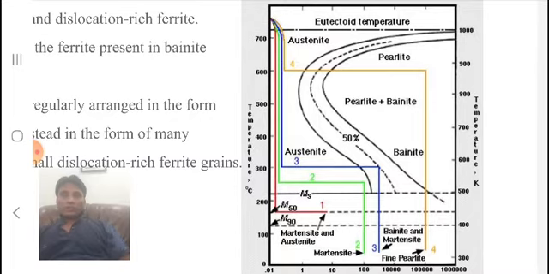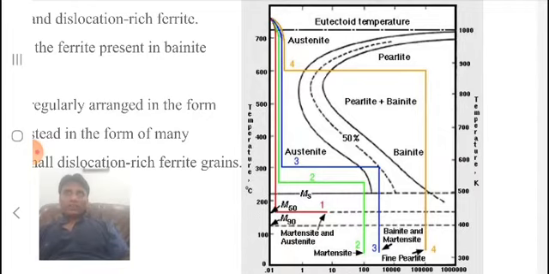To reduce the temperature from 723 degrees centigrade or more, sometimes from above the A3 line, it is 30 to 50 degrees centigrade above for hypoeutectoid steels, and above the A1 line for hypereutectoid steels. So roughly it is 800 degrees centigrade to room temperature. It will take 2 to 3 days.